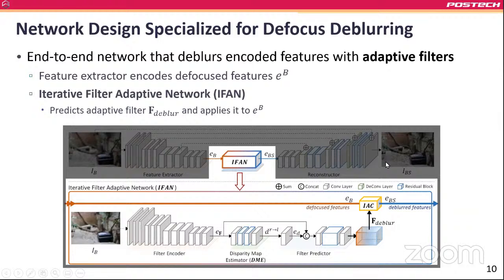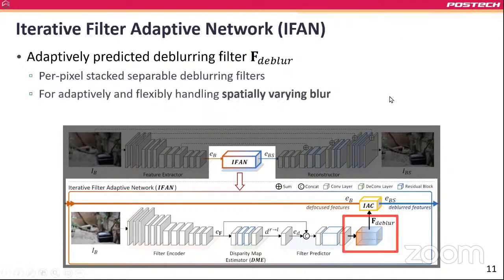Our main idea lies in this iterative filter adaptive network to produce this adaptive filter F_deblur. This F_deblur basically consists of some stacked separable deblurring filters. This filter should be spatially varying, because at the beginning I mentioned that the defocus blur changes depending on pixels.